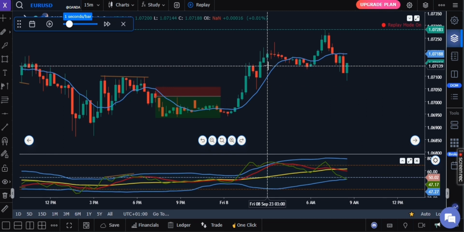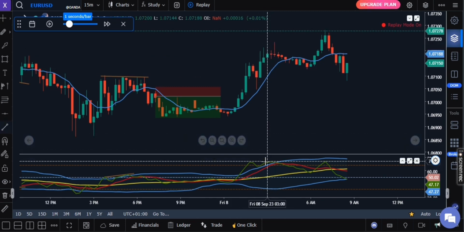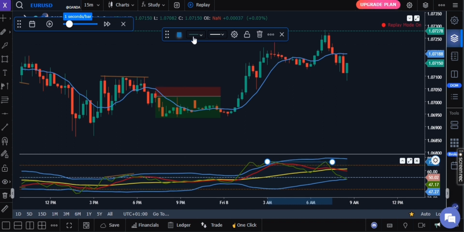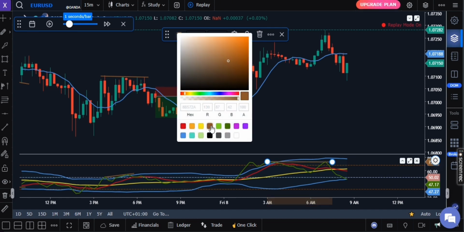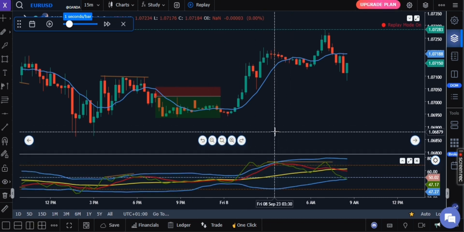I think we have a divergence here, right? Because this is higher, this here. And one trick, guys, for you to have a maximum win rate, you need to spot the divergence outside the oversold or overbought region of the TDI.